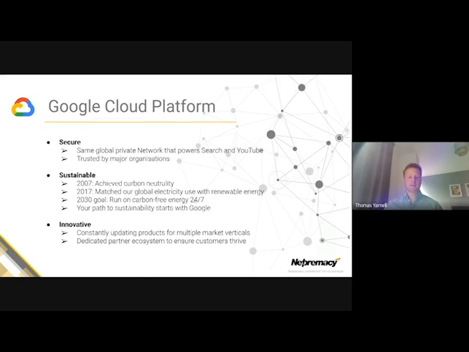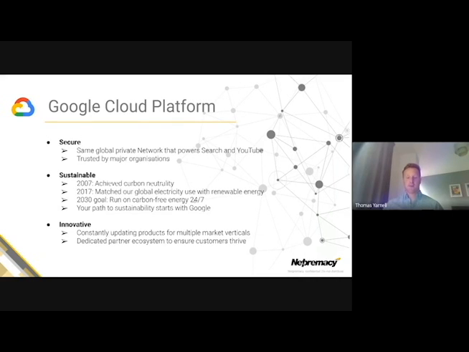The second point is sustainability. With it being Earth Day last week, it's clear that organizations and governments are looking to make some serious changes to the way that they operate with regards to the climate. In 2007, Google became carbon neutral. By 2017, their global electricity usage was matched 100% by renewable energy.